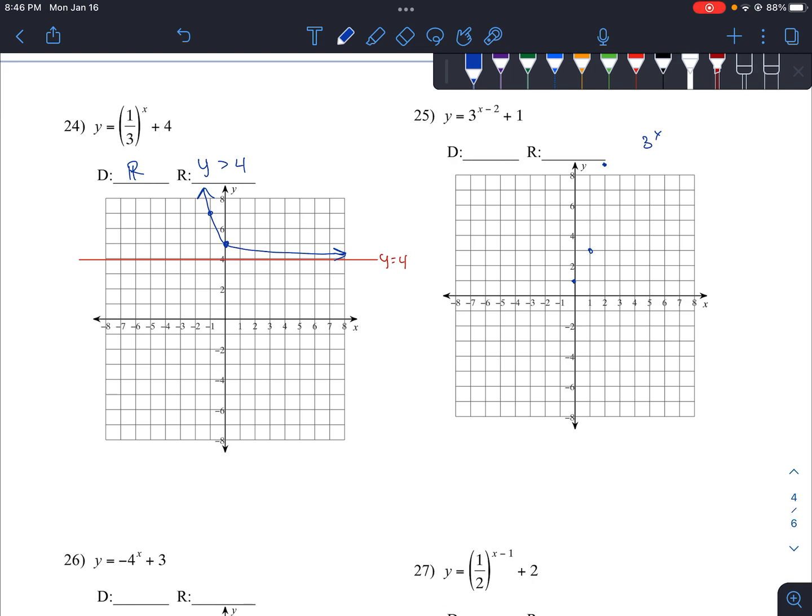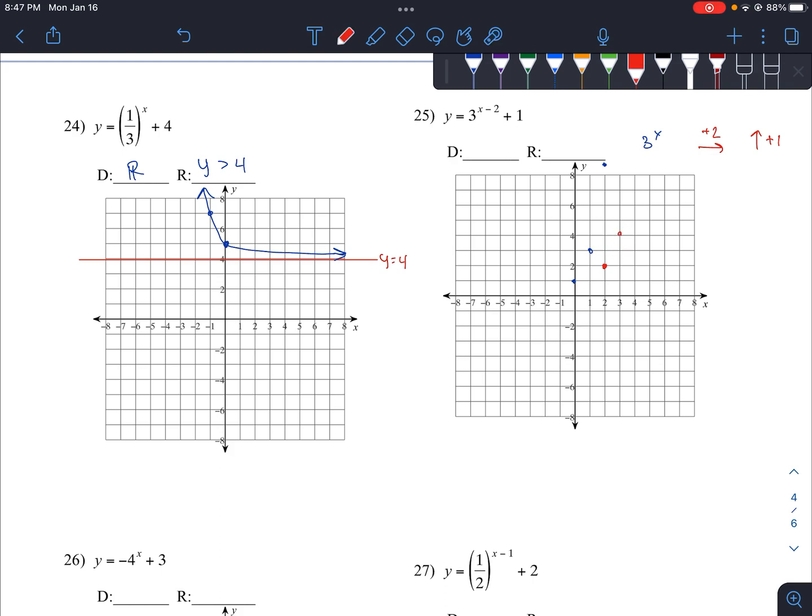All of these points are going to be moving right 2 and up 1. So for this point we'd move it right 2 and up 1. This point right here is going to go right 2 and up 1.